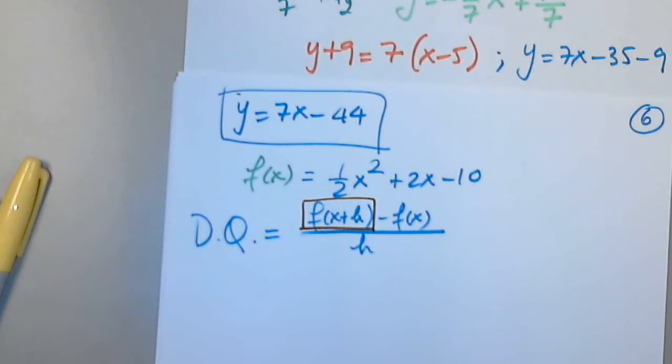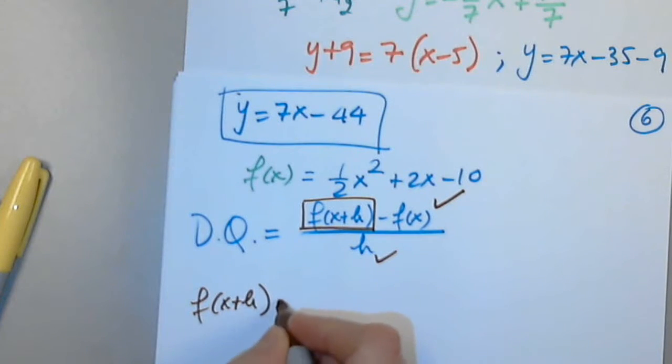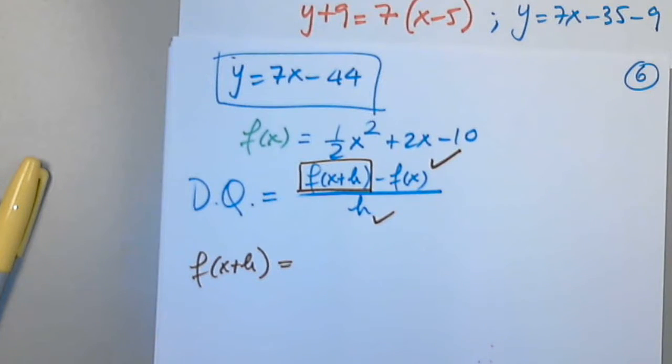We cannot just start putting it together yet. We have this piece, this is given to us, but we don't have f of x plus h. So let's take a look. Can anyone tell us what to write? Let's look at the function.